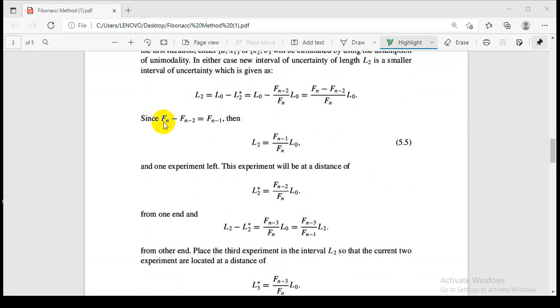And since Fn minus 2 equals Fn minus 1, L2 equals Fn minus 1 over Fn multiplied by L0.